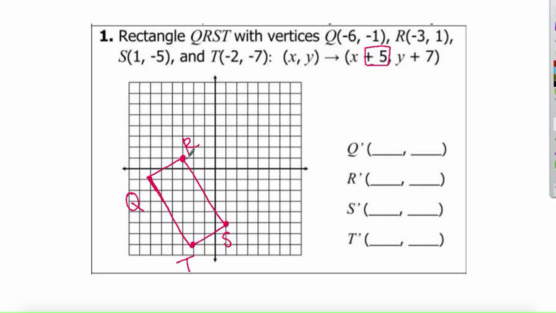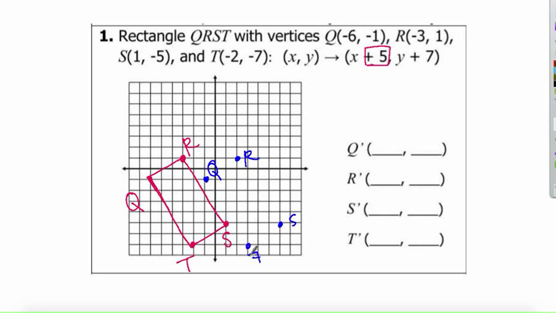I move everything over to the right 5. That's where R is now. Then Q, 1, 2, 3, 4, 5. S goes 1, 2, 3, 4, 5, and T goes 1, 2, 3, 4, 5.